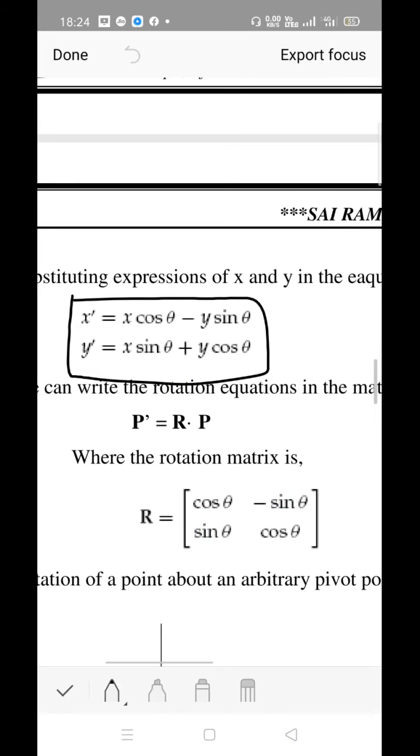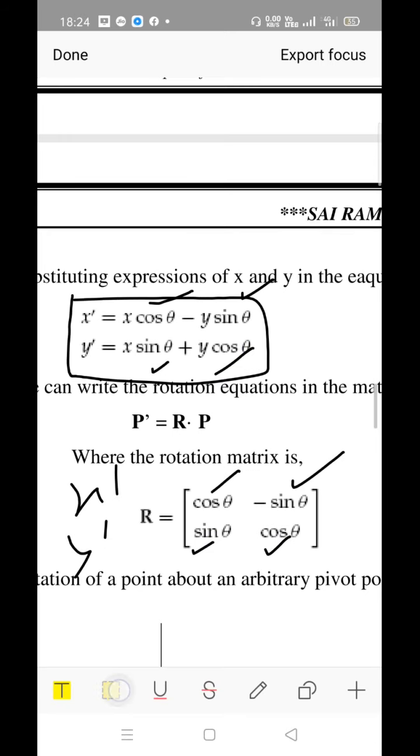The first row is with respect to x dash, the second row with respect to y dash. In the first row, the coefficient of x is cos theta and the coefficient of y is minus sin theta. In the second row, with respect to y dash, the coefficient of x is sin theta and the coefficient of y is cos theta. This is a quick look at what we have discussed earlier.